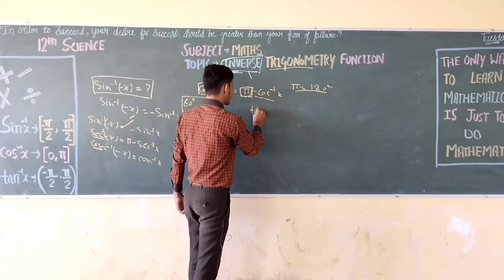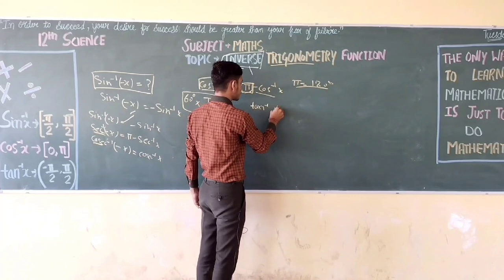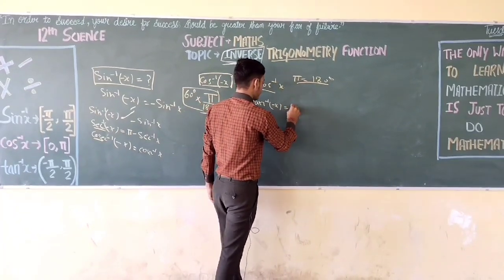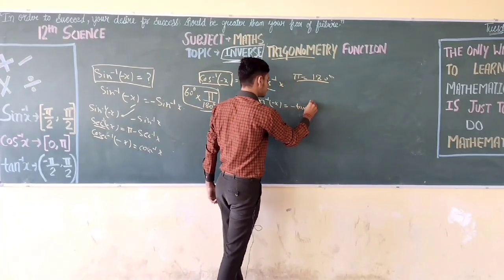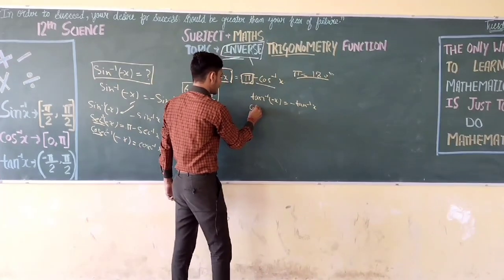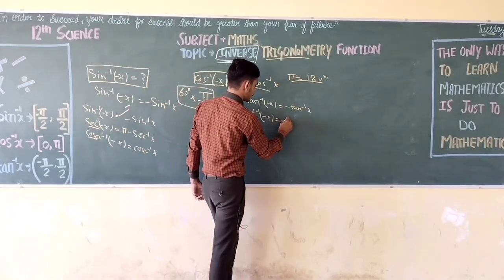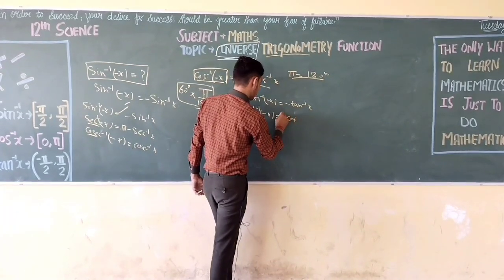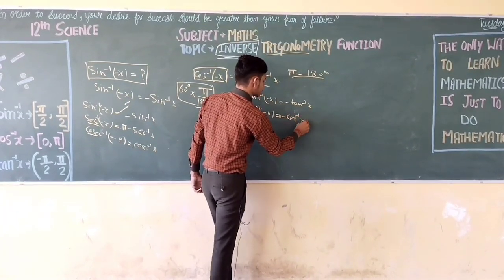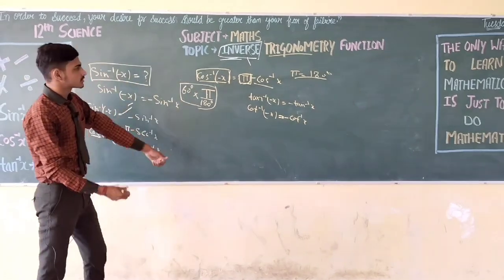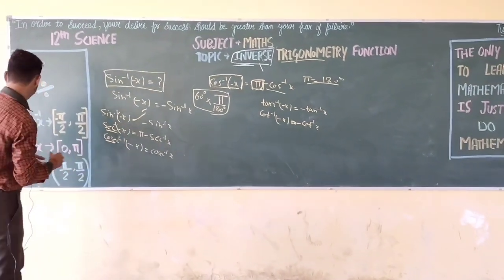The tan inverse minus x property becomes minus tan inverse x, and cot inverse minus x property becomes pi minus cot inverse x. So these are some properties of inverse trigonometric functions.